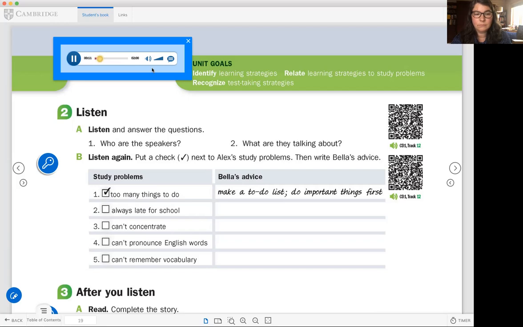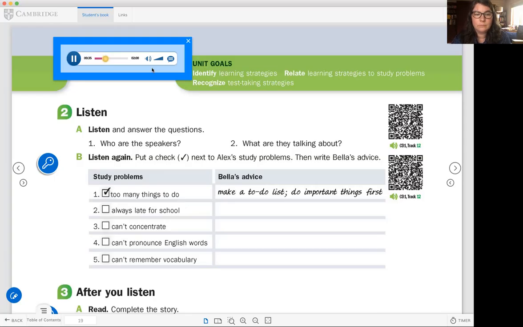Unit 2, at school. Page 19, exercises 2A and 2B. Hi, Alex. Hi, Bella. How long have you been in the library? For about 2 hours. How's it going? Not great. Why? What's the matter? I'm so discouraged. Look at this mess. I have to finish reading this book. Then I have to write a paper and study for a test. Where do I start?